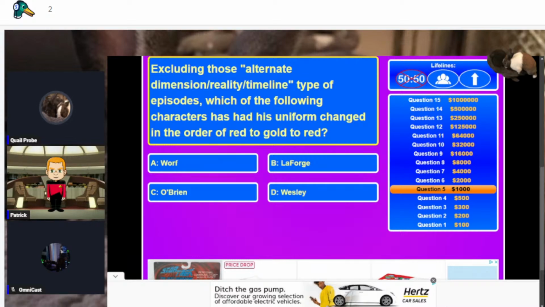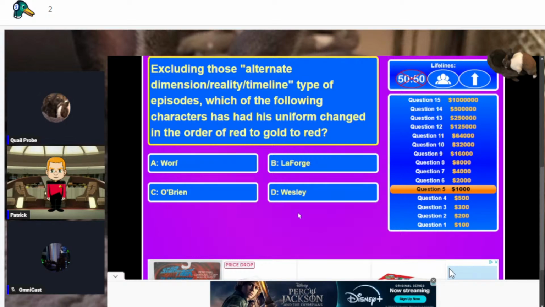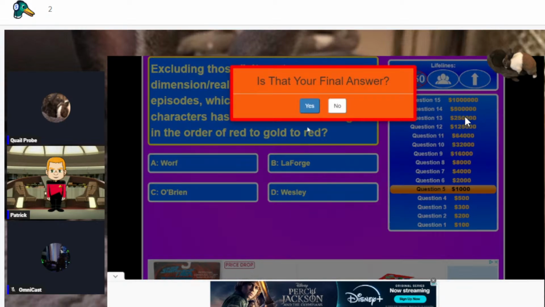For 1,000 points, excluding the alternate dimension timeline type of episodes, which of the following characters has had his uniform changed in the order of red, gold, to red? Worf, LaForge, O'Brien, and Wesley. That needs to be Worf, because O'Brien is almost always gold.